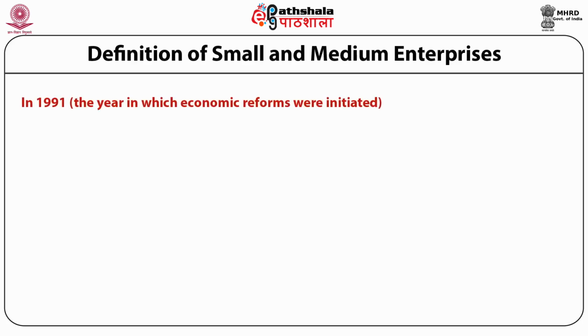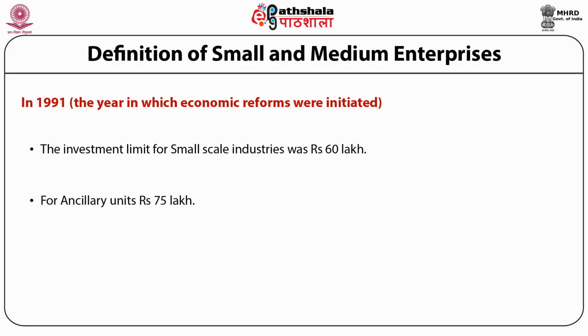In 1991, the year in which the economic reforms were initiated, the definition also changed. The investment limit for small-scale industries was rupees 60 lakh, and for ancillary units it was rupees 75 lakh. As far as tiny enterprises are concerned, rupees 5 lakh investment was decided.